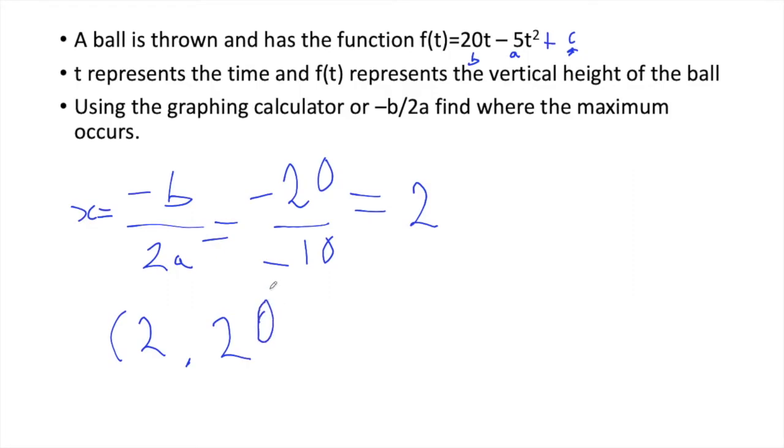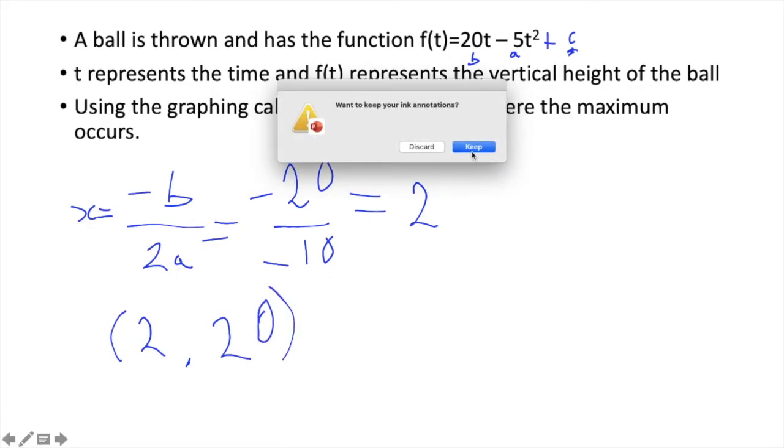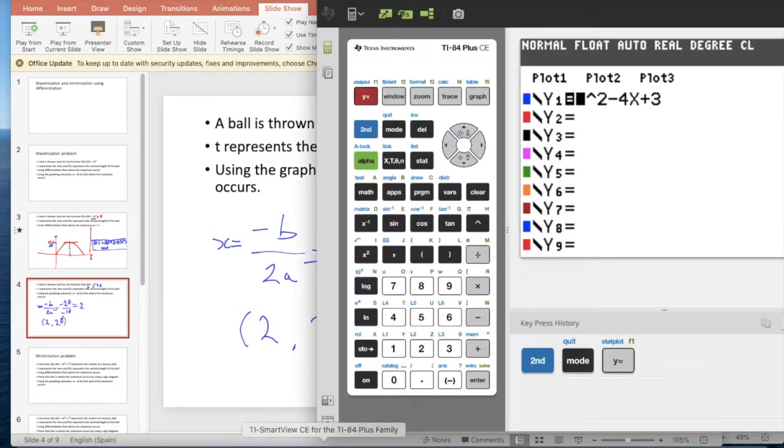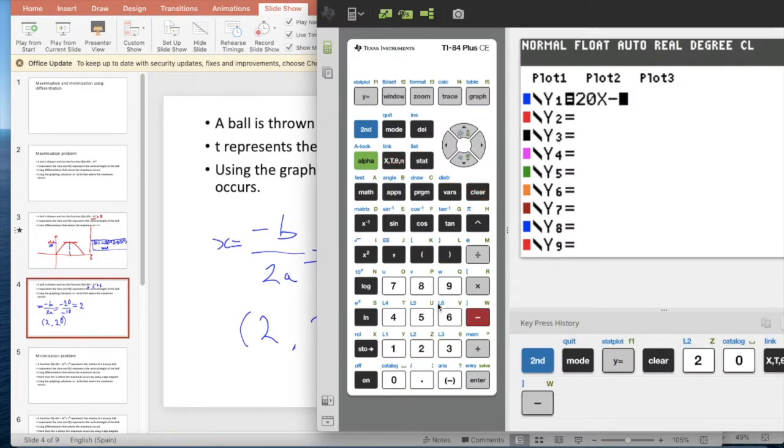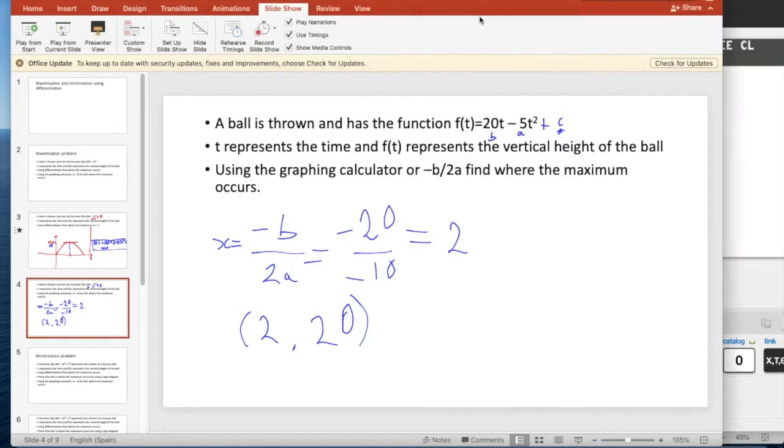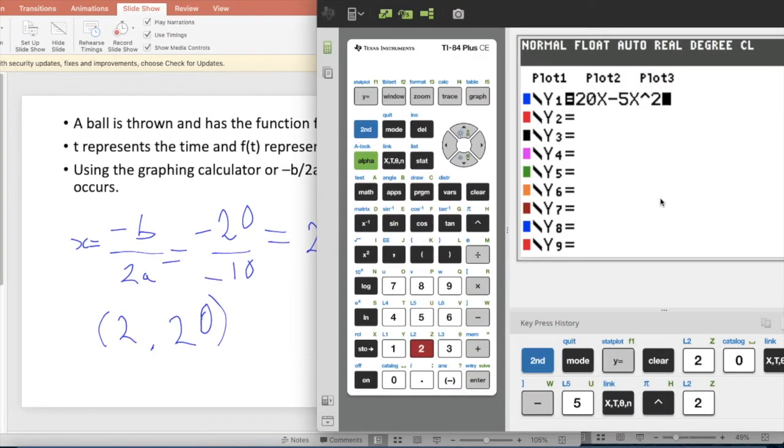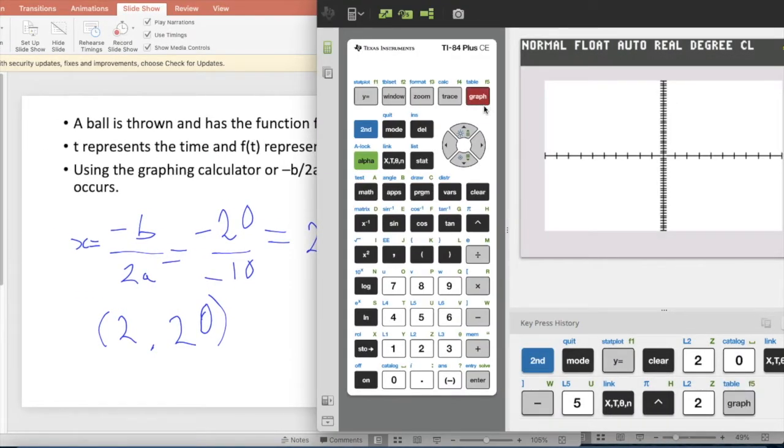Now there's a third way you can do this, which is on the calculator, and I'm going to show you that now. So bringing the calculator up, we are going to type in our function, which is 20t minus 5t squared. So we're going to have 20x minus 5x squared. And then looking at that particular function, we're going to press graph.